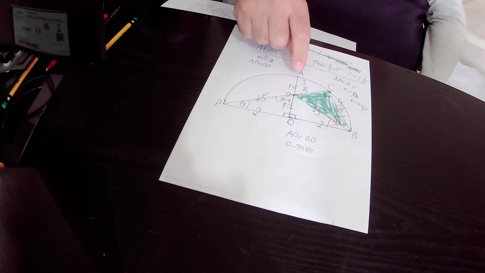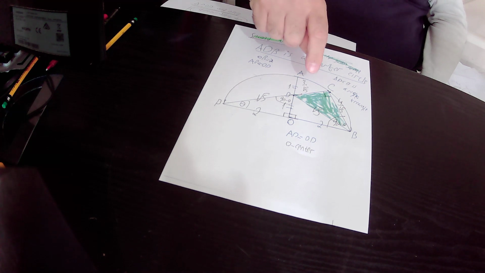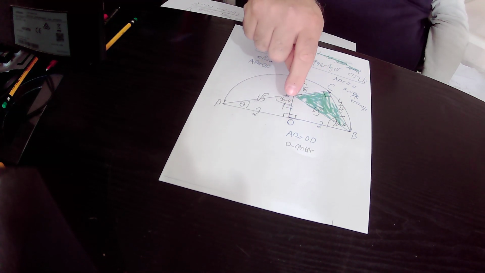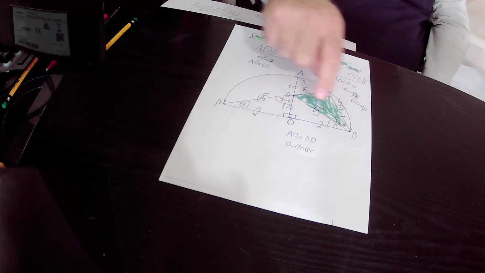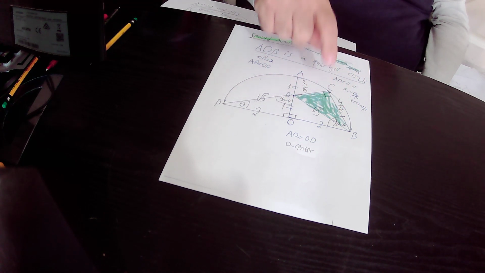We have already found that AD equals 1 unit, DO equals 1 unit, the center of the quarter circle is point O, this angle equals 90 degrees, and the radius of the quarter circle is OB, that is equal to OA, that is equal to 2 units.